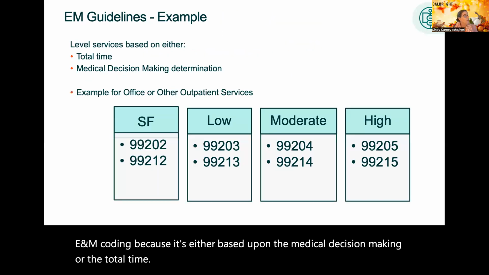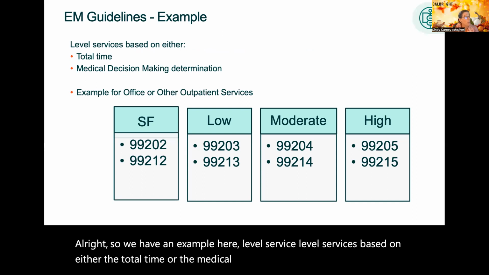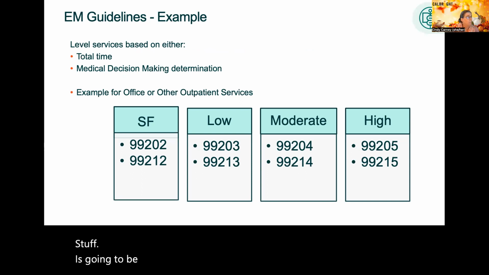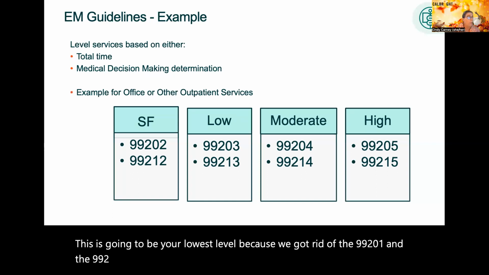All right, so we have an example here. Level services based on either the total time or the medical decision making determination. So for an office or outpatient service, straightforward is going to be your lowest level, because we got rid of 99201 and 99211.